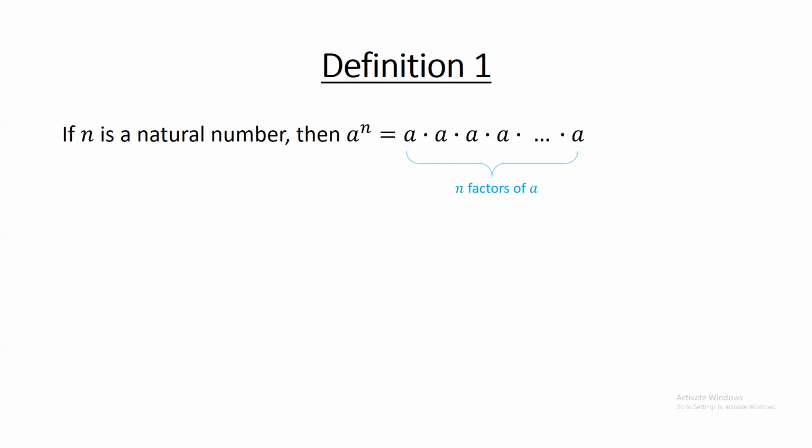exponents. And basically what this slide says is if n is a natural number, then a to the power of n equals a times a times a times a, and there are n factors of a. In other words, if I had an expression like 3 to the power of 4, 4 happens to be a natural number, right?